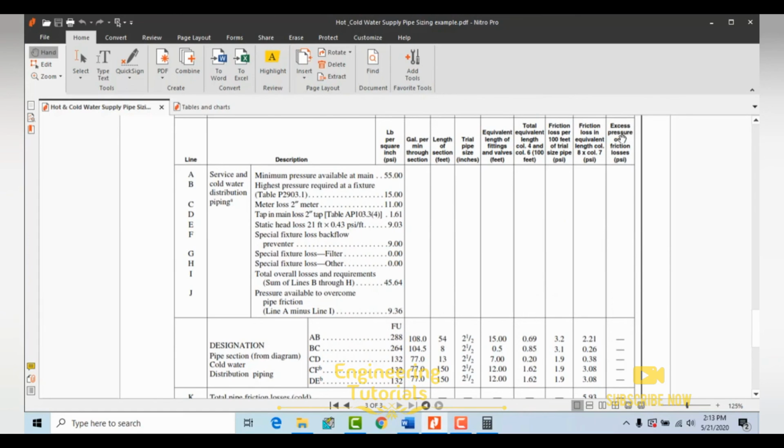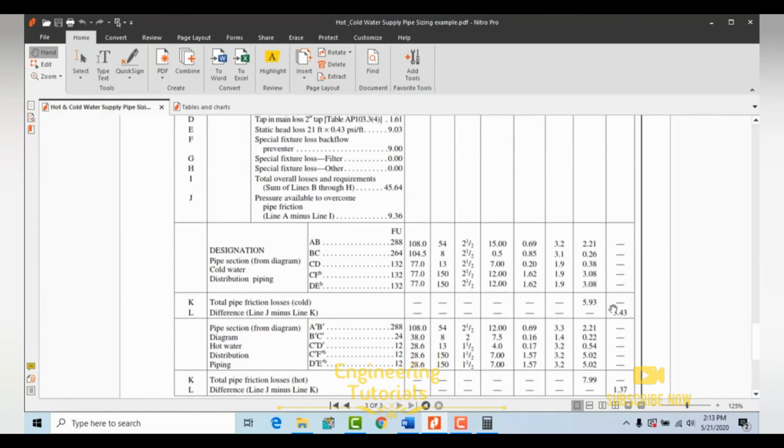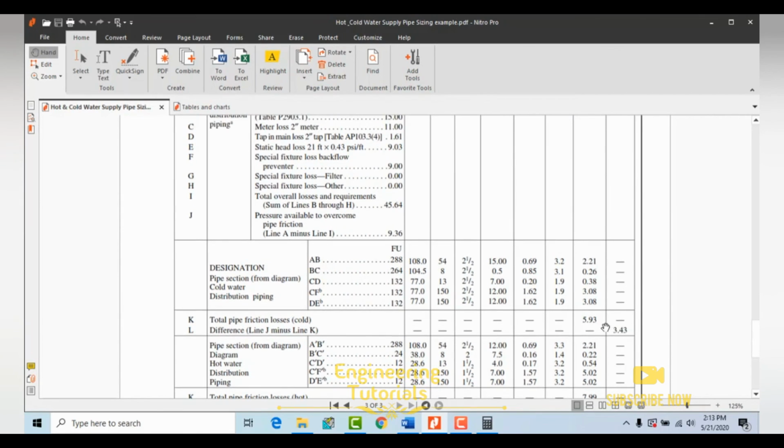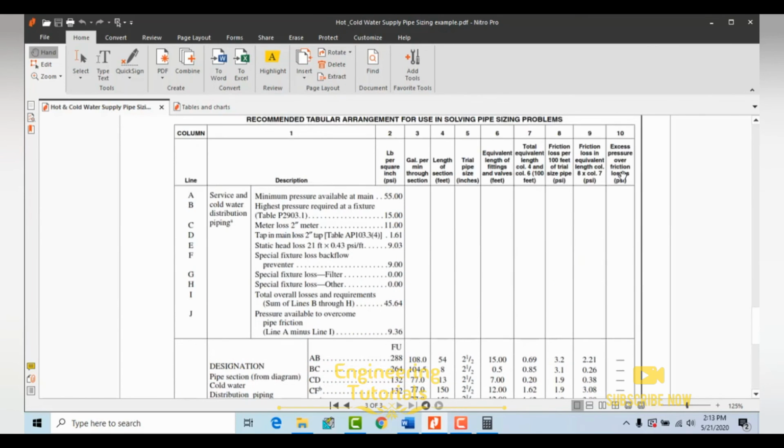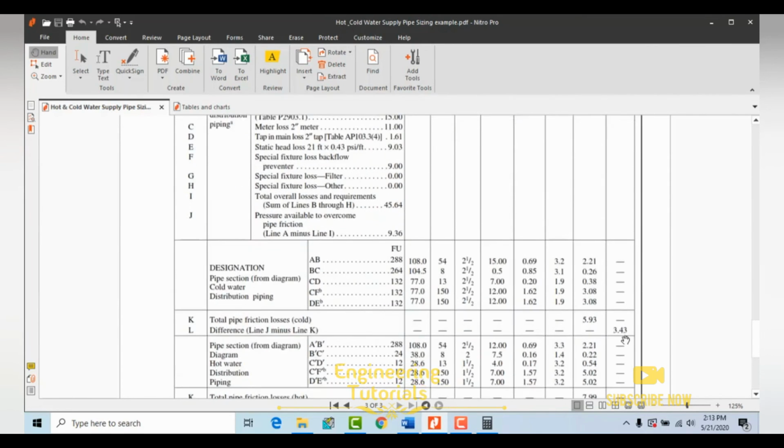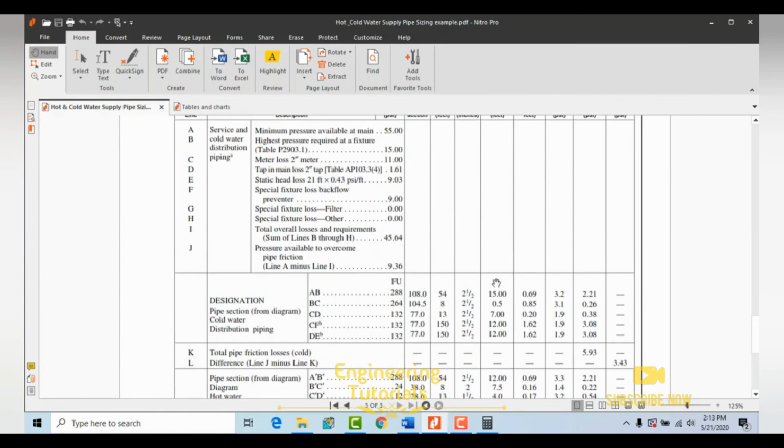So this is the excess pressure available to overcome friction losses. As you can see, this is a positive answer. Make sure that this value is always positive. For proper design of water supply, hot and cold water, this value should always be positive. So the excess pressure available to overcome pipe friction is 3.43 psi.